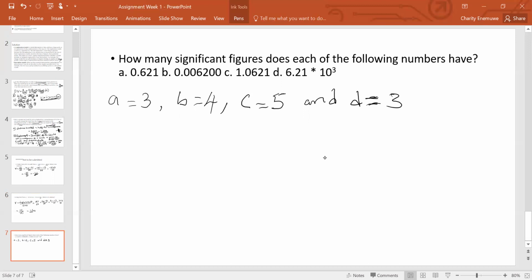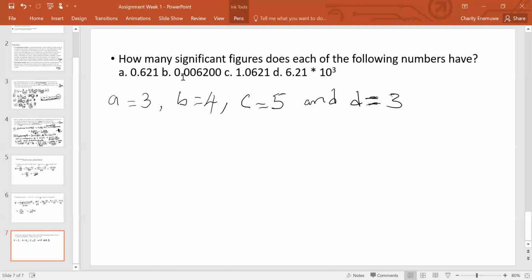Whenever we have a non-zero digit before a number, and then you have zeros in between, you don't count those zeros as trailing zeros. Let's take, for example, the numbers before us.